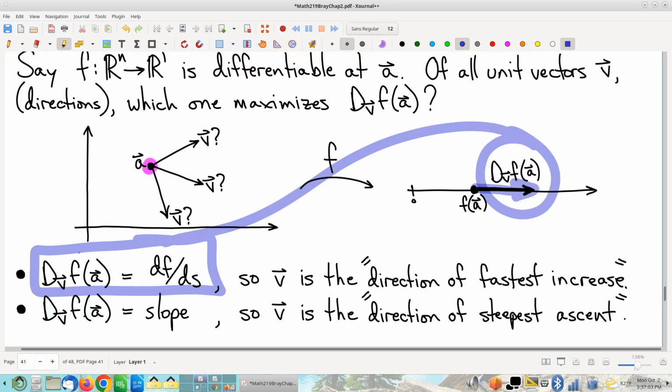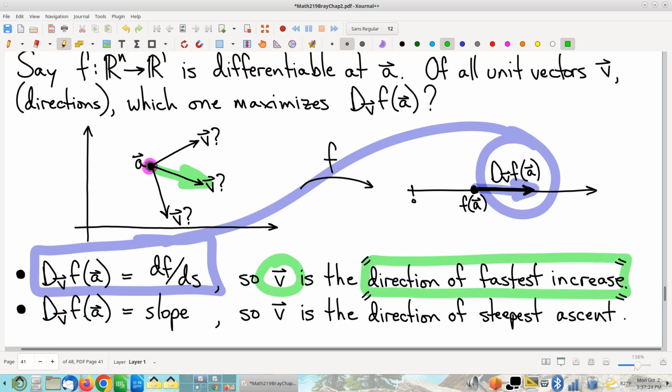So if we find the direction, let's suppose it's that way, that makes the rate of change of the function as great as possible, wouldn't it be reasonable to call that direction the direction of fastest increase? After all, this is the direction that makes the function increase as fast as possible. So, direction of fastest increase. That make sense to everybody?